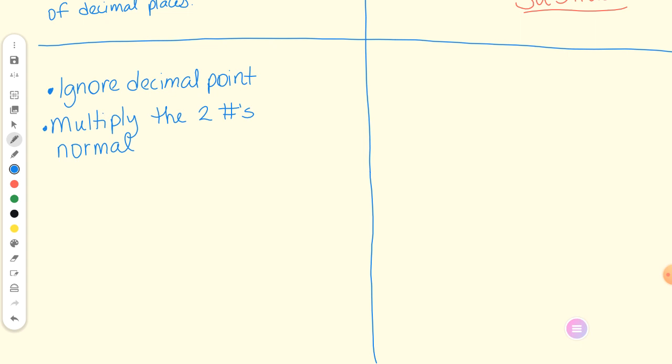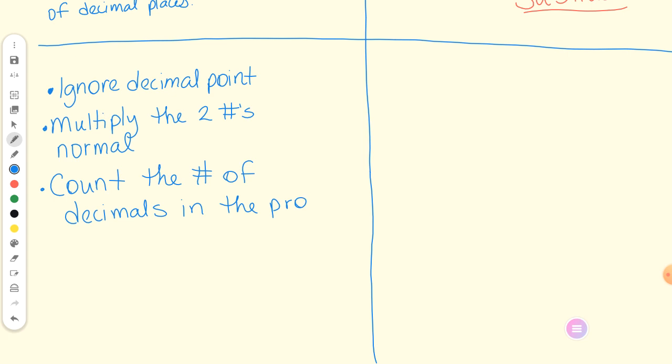Count them up, because you have to count the number of decimal places in the problem and make the answer match.